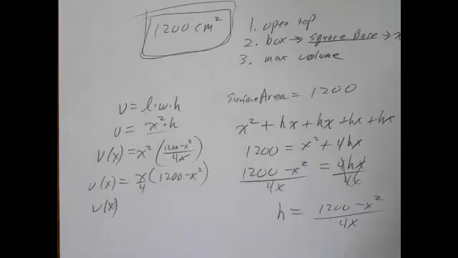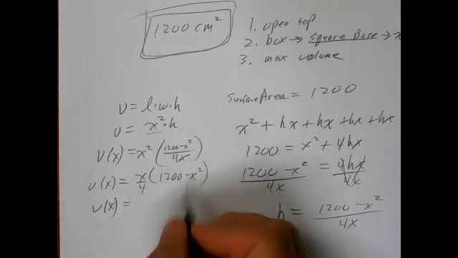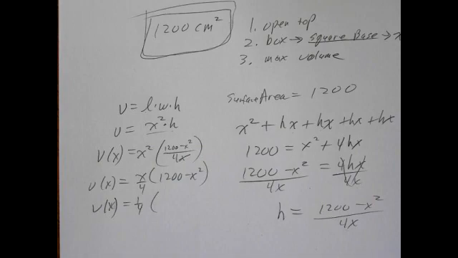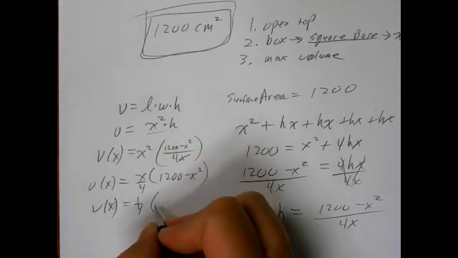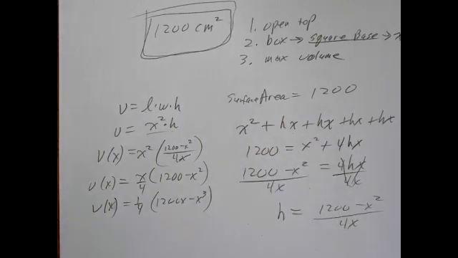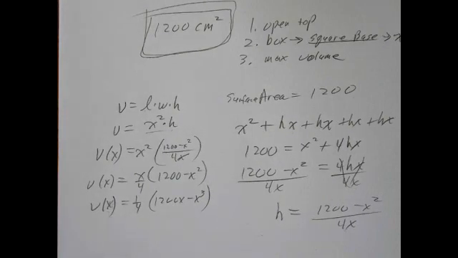And then I will distribute the x through, leaving the 1/4 out front because there's really no dire need to distribute that. All right, so now what I've got is a function that gives me the volume of the box for any particular x value.